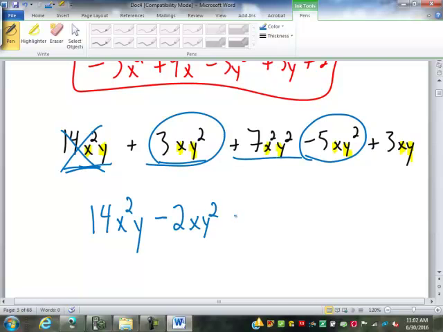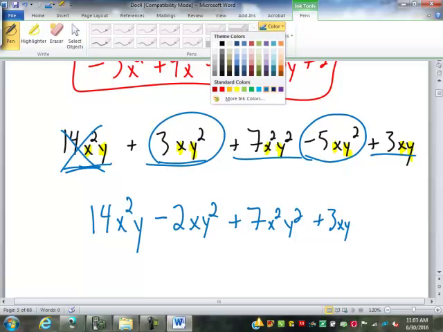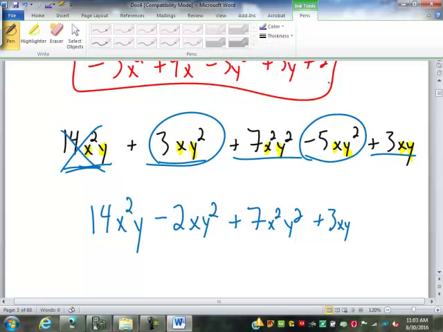Now we've got the positive 7x squared y squared and the positive 3xy. Now I didn't necessarily stay strict with descending order here. The 7x squared y squared probably should have gone first, just because not only does it have the highest power of the x, but it also has the highest power of the y.